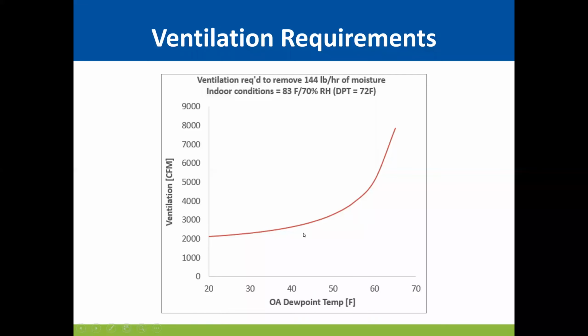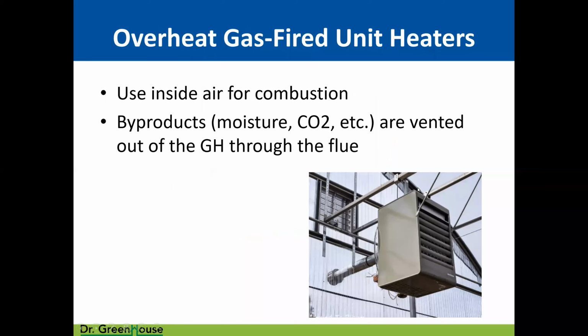So there is a point, down to 20 degrees, okay, we don't need that much air, 2,000 CFM for this 3,000 square foot greenhouse to control humidity. As it gets up to 50 degrees, it's still just 3,000 CFM. That's not too bad. But beyond that, right, it gets harder and harder to use ventilation for humidity control.